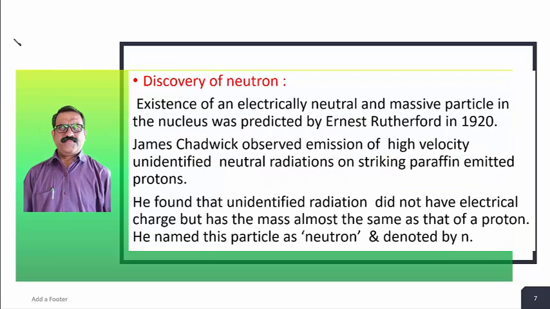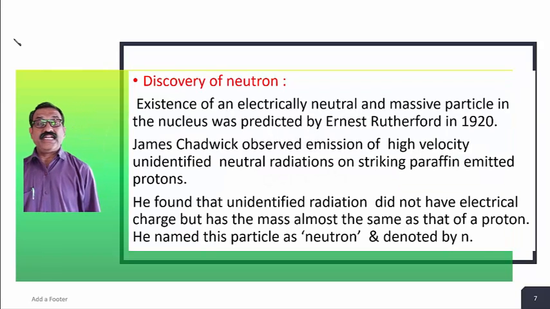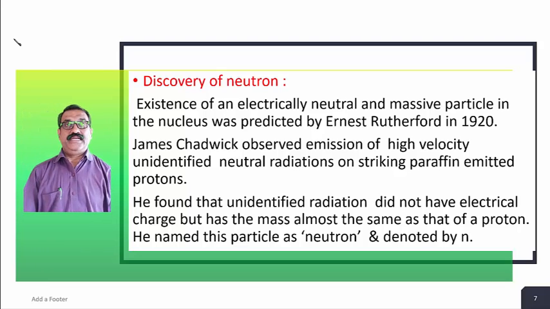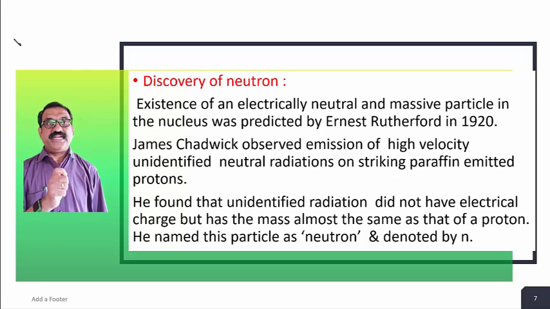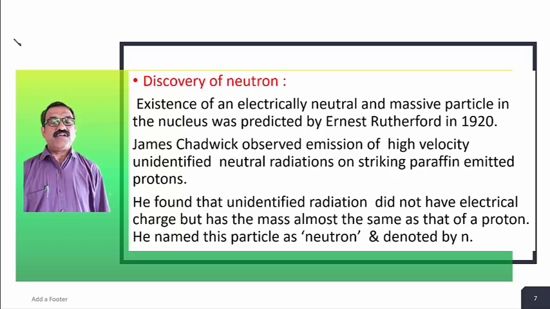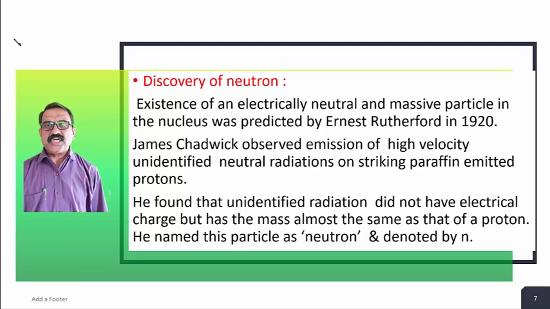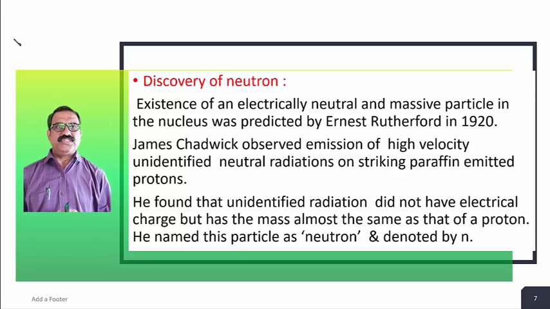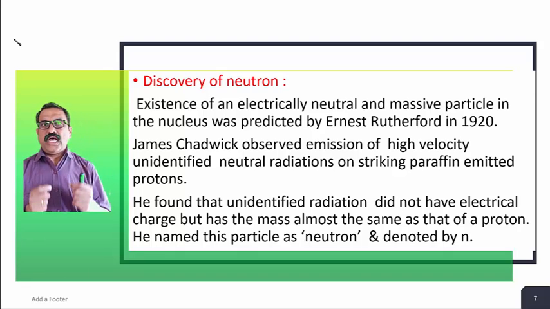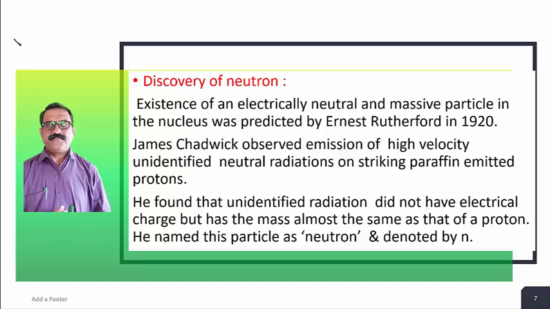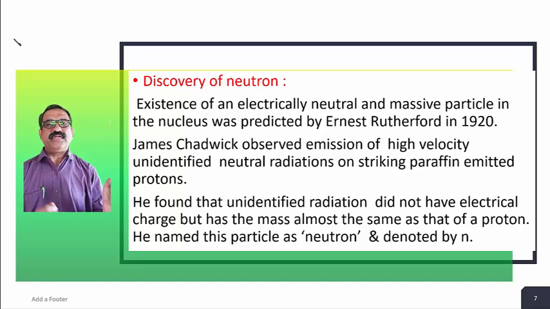Okay. Then the neutron. The existence of an electrically neutral and massive particle in the nucleus was predicted by Rutherford in 1920. Later on, Chadwick observed that emission of high velocity neutral radiation on striking paraffin emitted electrons.